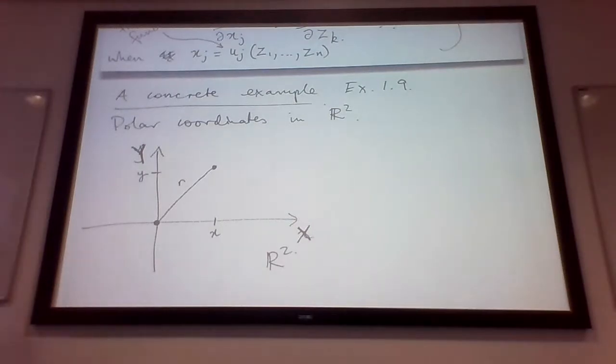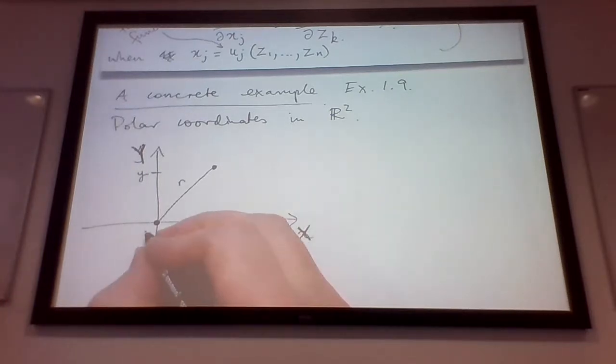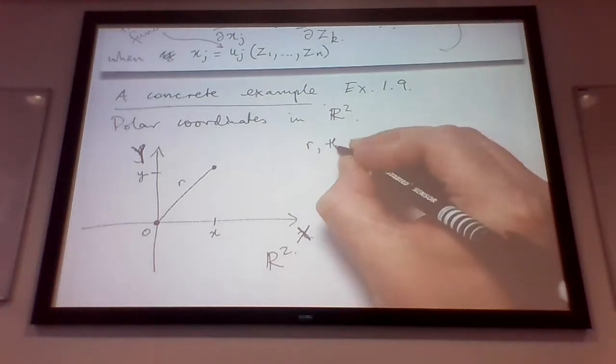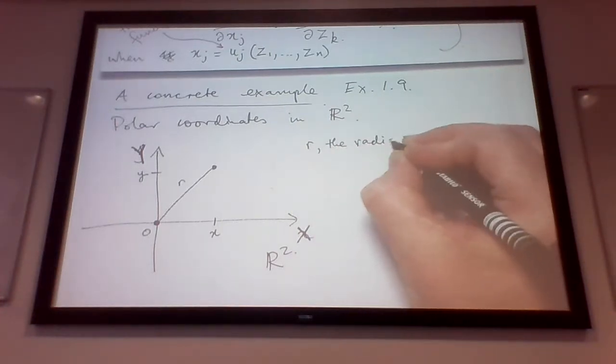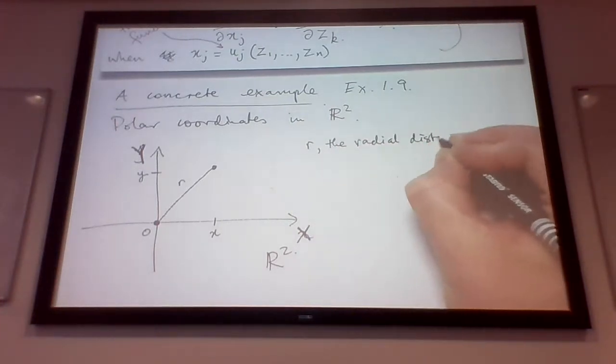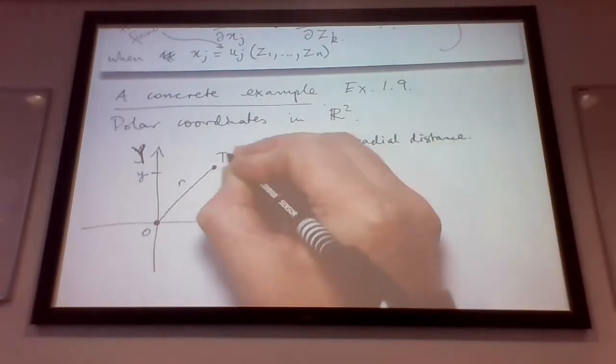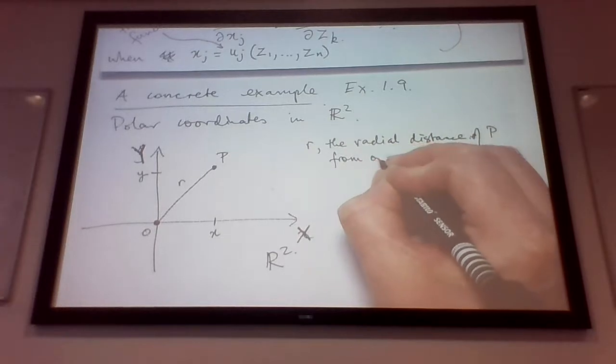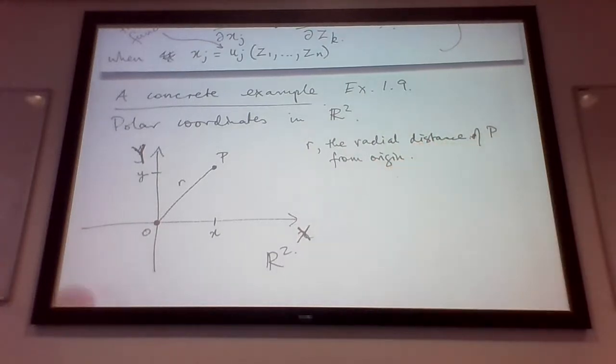Normally there's a special point in the plane, which is called the origin, and we might give r, the radial distance of P from the origin. That's a very nice, meaningful measure of the location of a point.